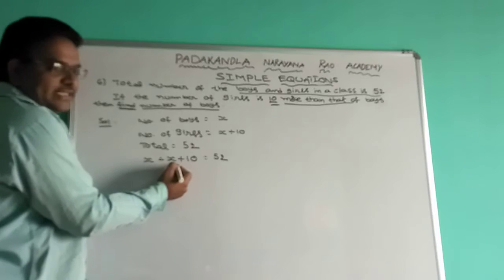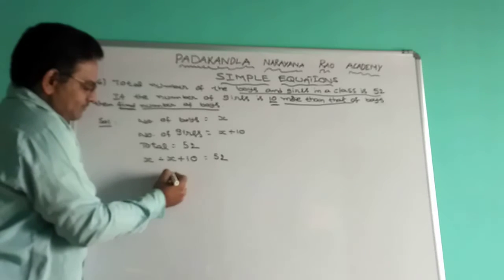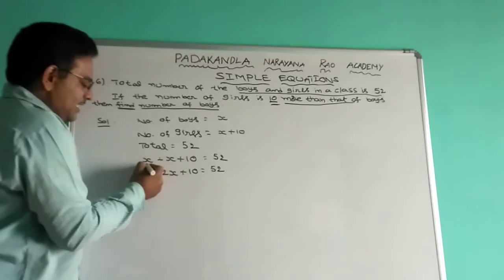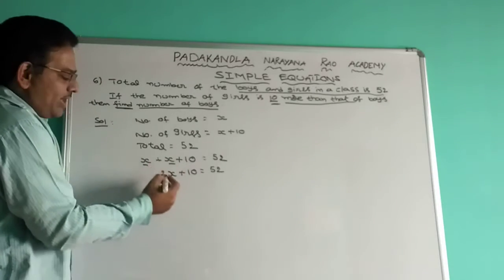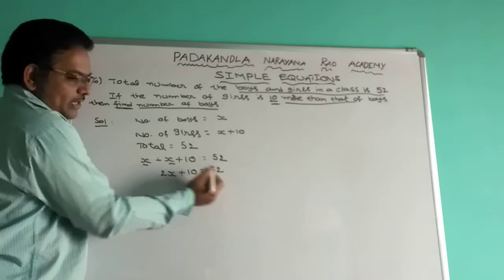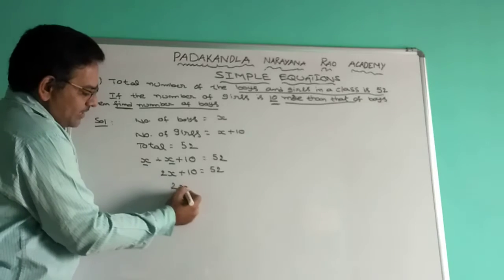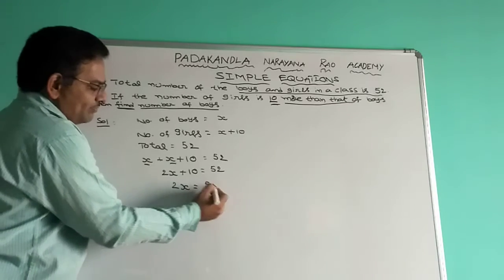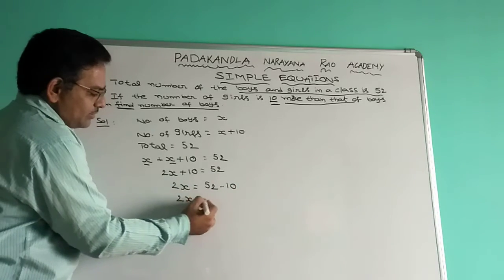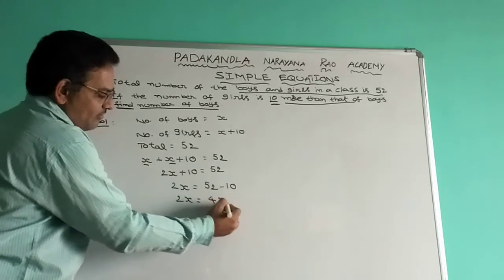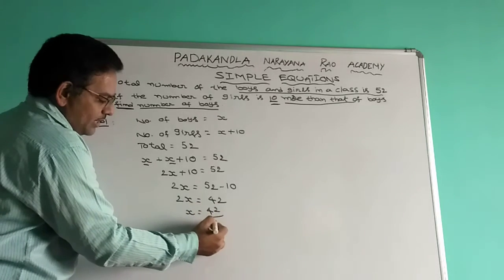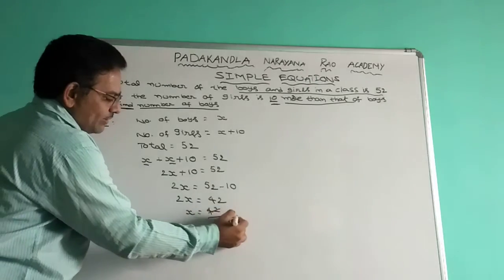Now x + x is 2x, plus 10 equal to 52. x means not x square. x + x = 2x, so 2x + 10 = 52. Then 2x = 52 + 10 goes to the other side as minus 10. 2x = 52 - 10 = 42. Then x = 42 by 2. 2 ones are 2, 2 twenty-ones are 42.